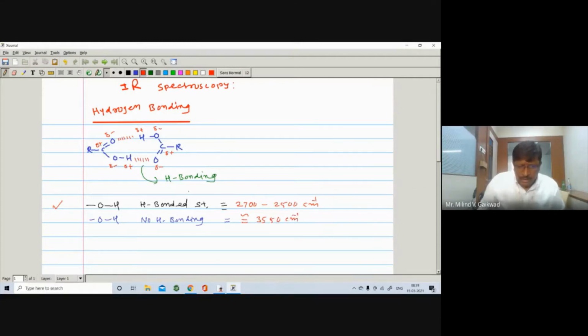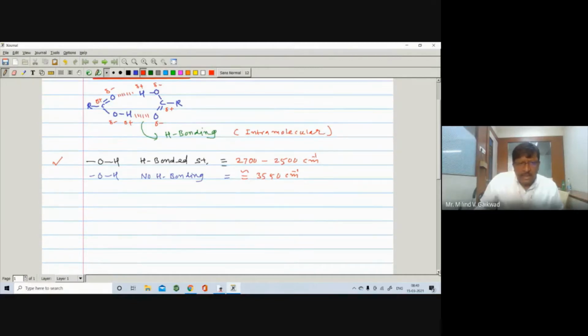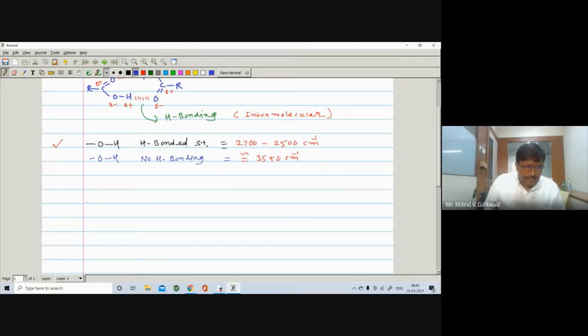You have learned this point. But if there is hydrogen bonding, this OH will be shifted towards 2700 to 2500. Right? Means it affects the hydrogen bonding. So as there is hydrogen bonding between the two molecules, it is an intermolecular hydrogen bonding. Okay.